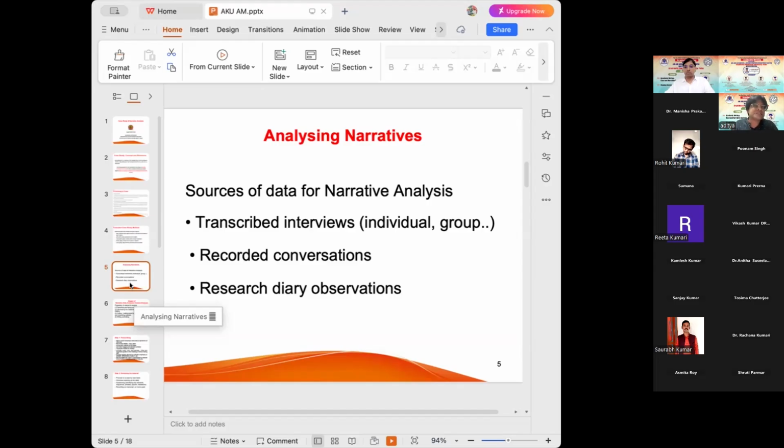Because when a person starts giving a narrative, or is permitted to have a free-flowing conversation, we as researchers have three important duties in mind, apart from the first one, which I've already told. Number one is that we have to be very attentive about our choice of respondents with whom we want to take the narrative.